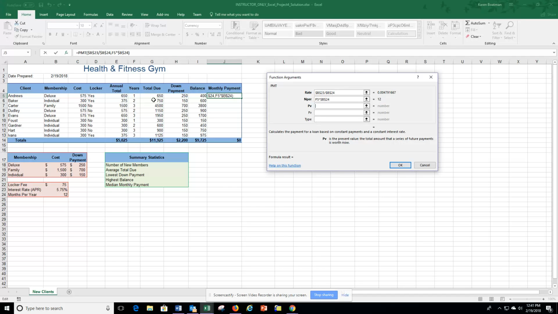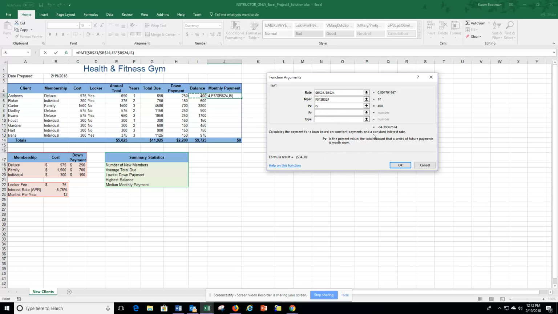That was their total due minus their down payment. So make sure that you're only getting the I5 column. I5 is the present value of what they still owe, because they had a total due and made the down payment. Now here's what they owe, and here's what we're going to figure their payments on. The rest of this, future value and type, we don't need.